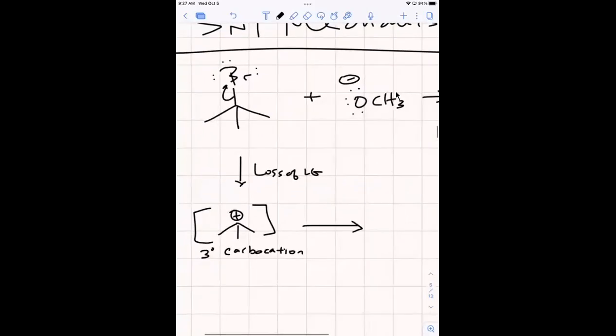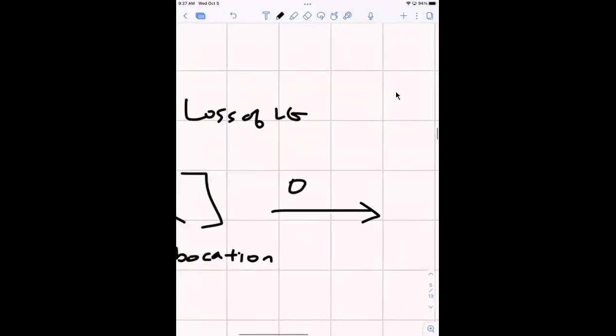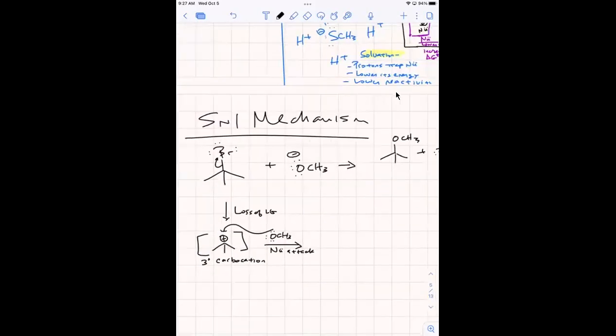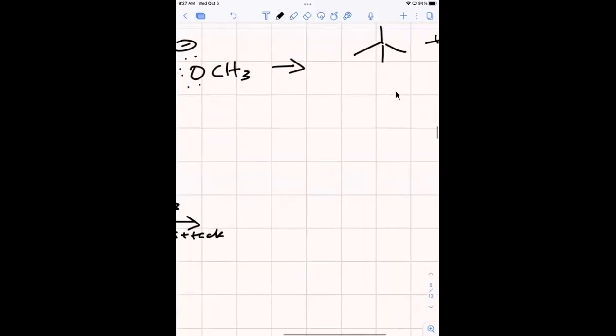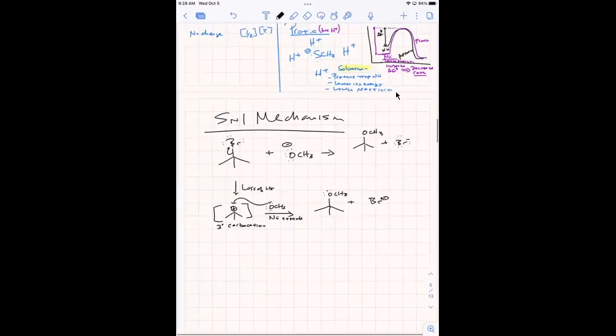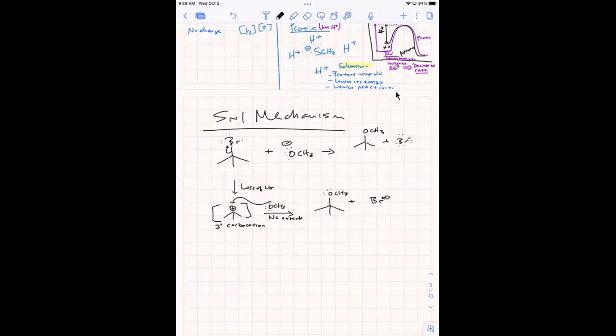And then the next step is the nucleophilic attack, right? Where this is going to come in and attack here. Right, so that's some things that we can talk about here.